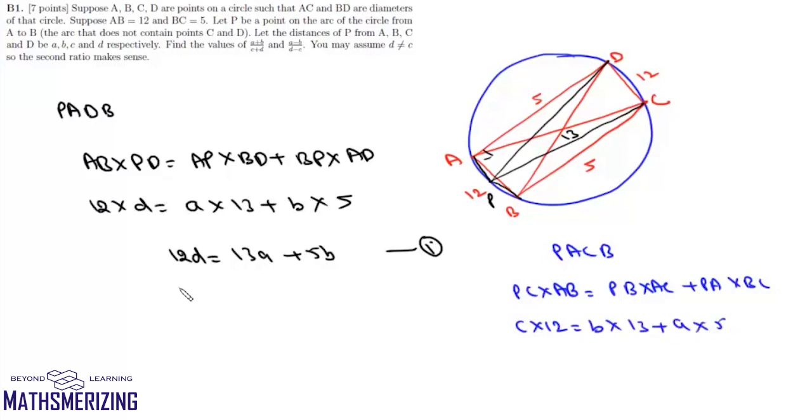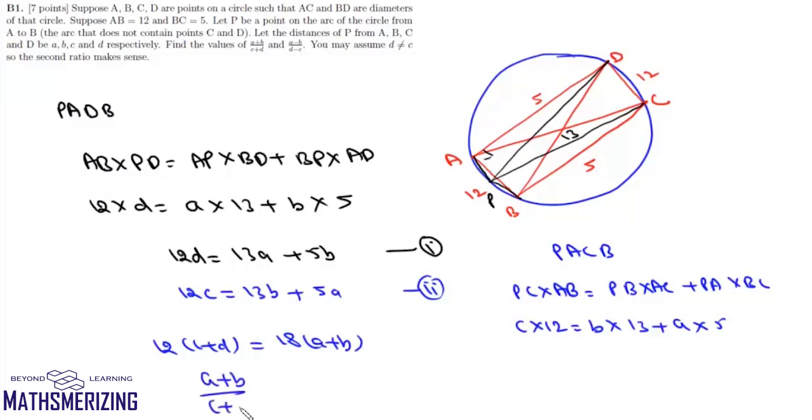So the other equation we'll get is 12C, and it'll be equal to 13B plus 5A. Now we'll add them, we'll get 12 into C plus D, and it'll be equal to 18 into A plus B. Now we'll divide it, we'll write A plus B upon C plus D equals 12 by 18, which is 2 by 3. So value of this first expression is 2 by 3.